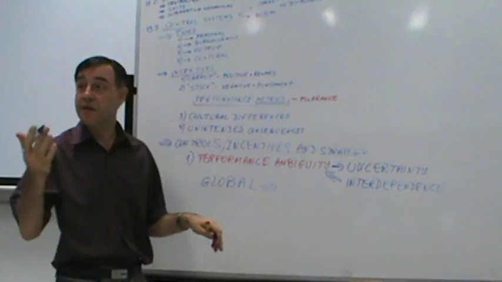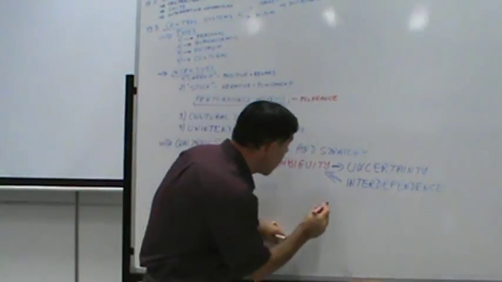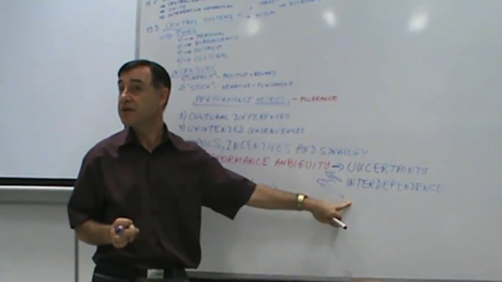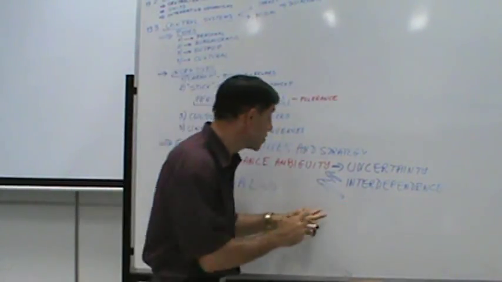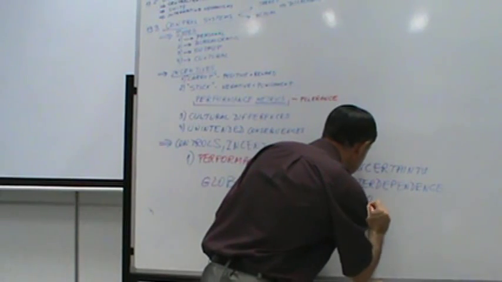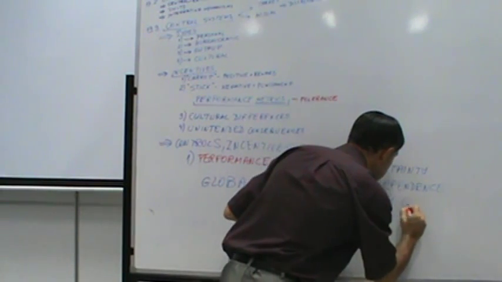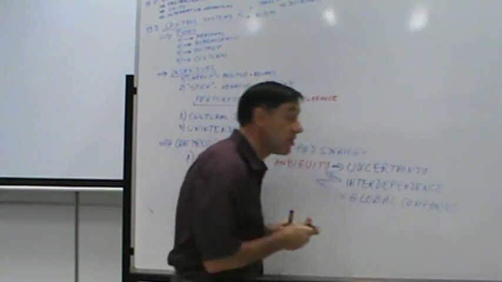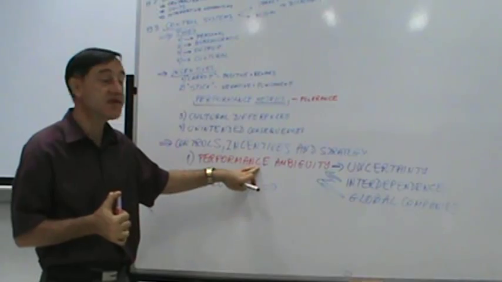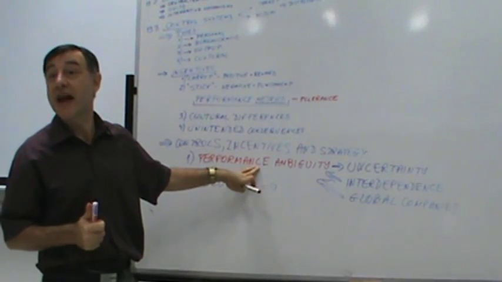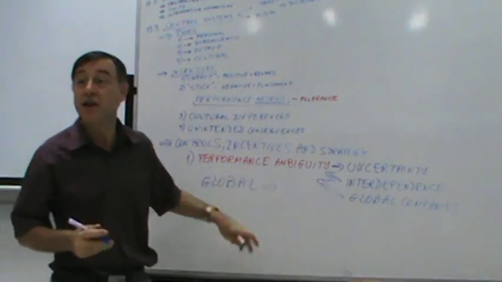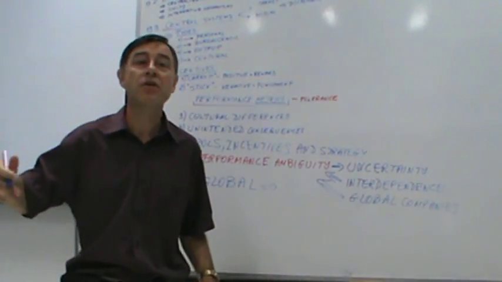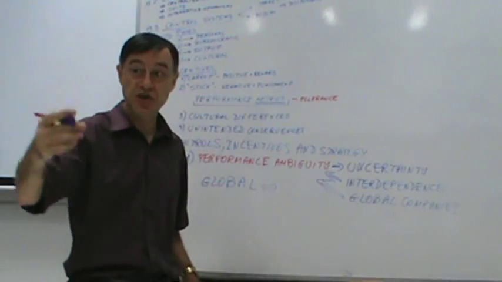So, a different way of rephrasing it is that global companies, or international companies, increase performance ambiguities. Suddenly, you depend on the market in Japan. Suddenly, you depend on the market in Russia.